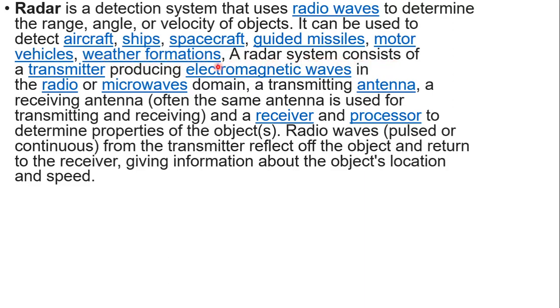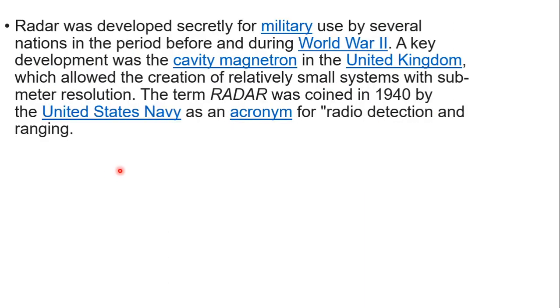A radar system consists of a transmitter producing electromagnetic waves in the radio or microwave domain, a transmitting antenna, a receiving antenna (often the same antenna is used for transmitting and receiving), and a receiver and processor to determine properties of the objects. Radio waves, pulsed or continuous, from the transmitter reflect off the object and return to the receiver, giving information about the object's location and speed.